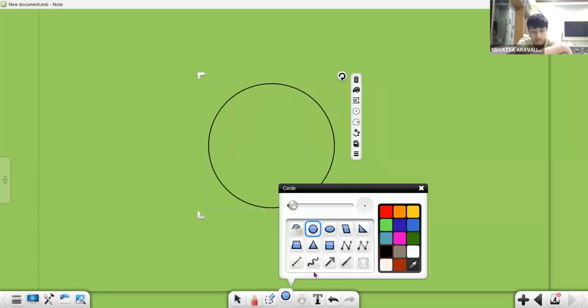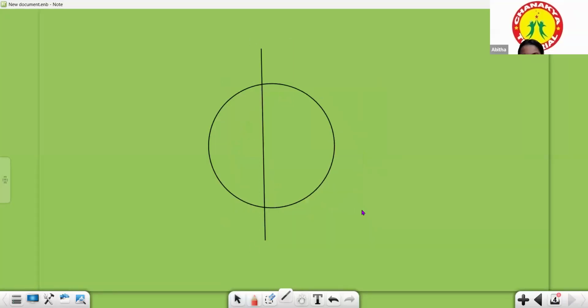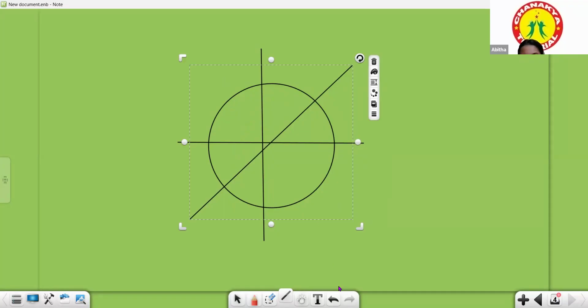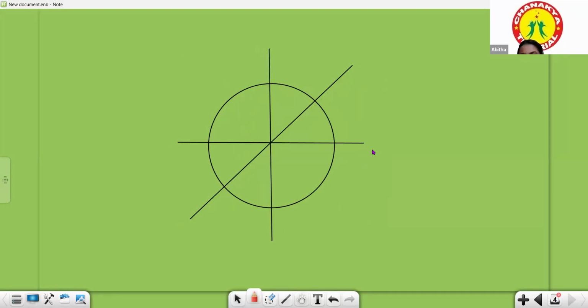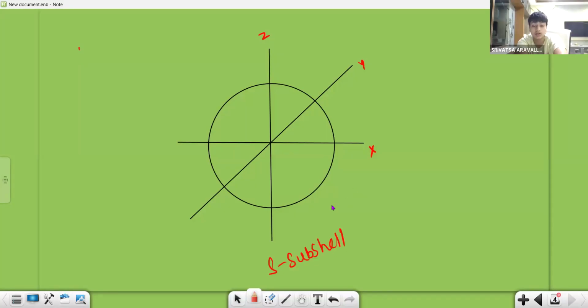You can find the electron in any axis, X axis, Y axis, Z axis, in three dimensions. This is the spherical S subshell.